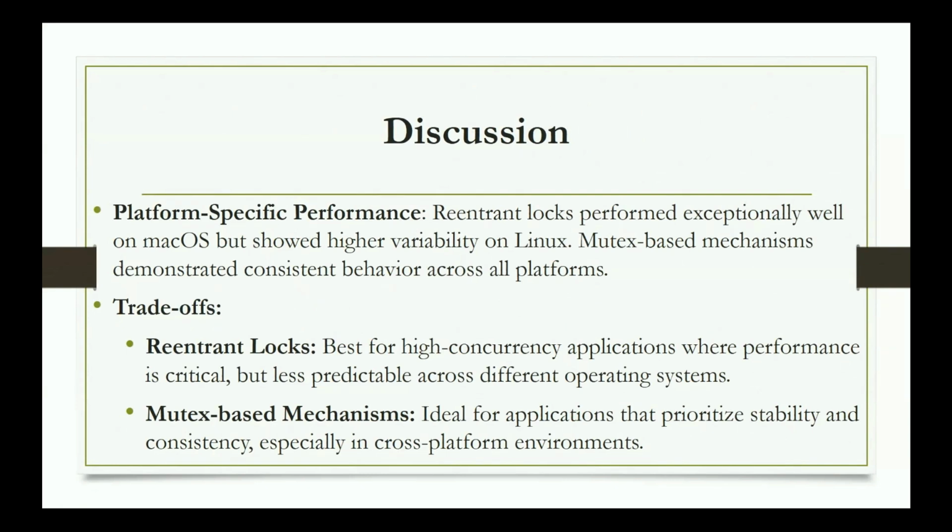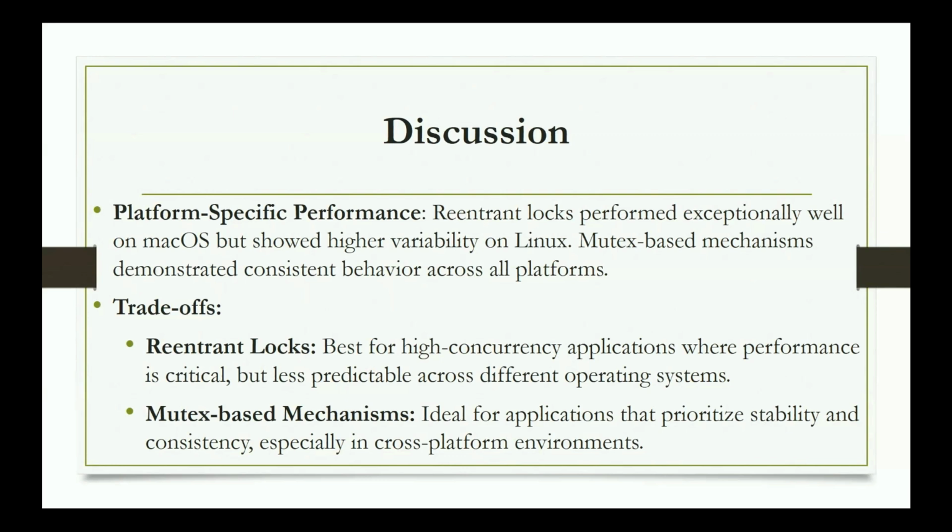So we feel the operating system helped reentrant lock. They kind of work well together. But then on Linux, which prioritizes versatility and customizability, the performance of reentrant lock may have suffered from higher overhead associated with managing multiple threads.